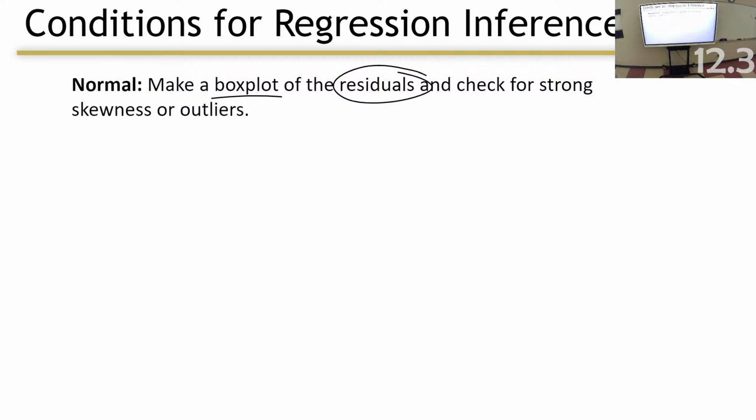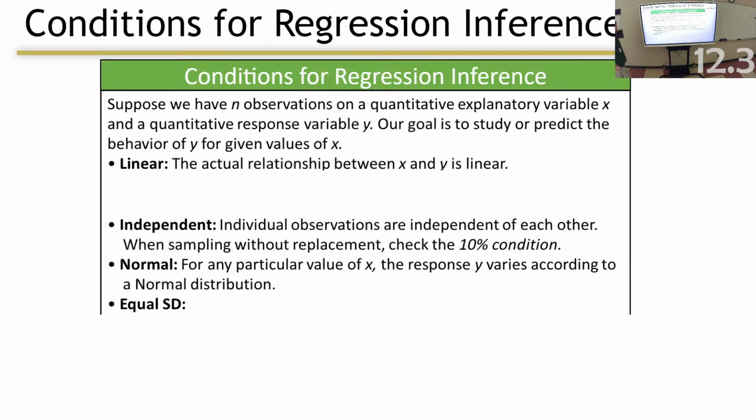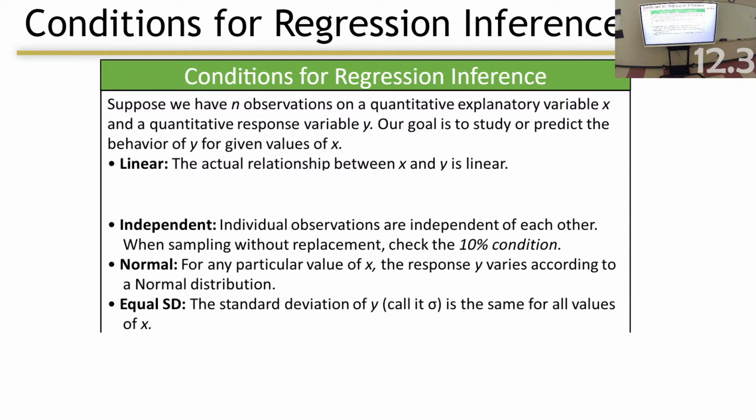We just use box plots. I don't like using box plots, but they're the easiest to use, and we'll go ahead and do that. Equal standard deviations. We want all the standard deviations of those residuals, the distance.